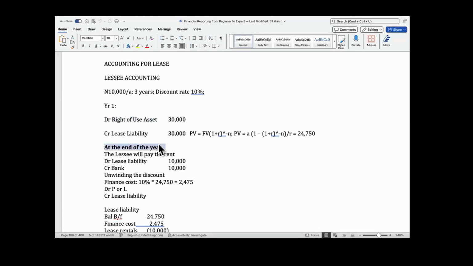At the end of the year, the liability would reduce with the annual rentals. So we debit the liability with credit bank.